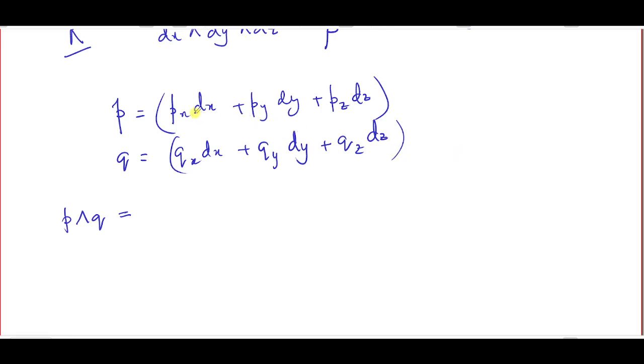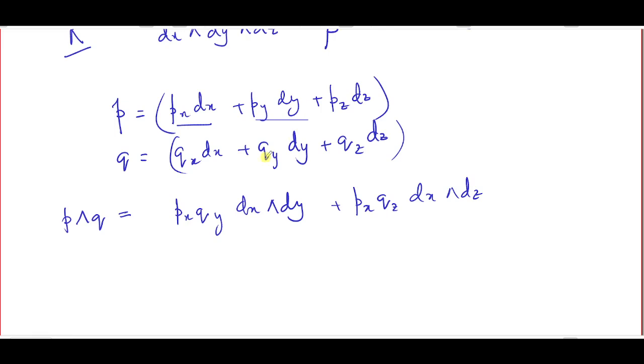But notice, px dx wedge qx dx is going to give you 0. Dx wedge dx is of course 0. So, you get px qy dx wedge dy plus px qz dx wedge dz. So, these are the 2 terms you get when you wedge this with the whole thing.